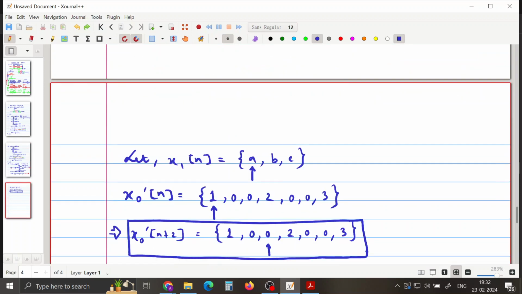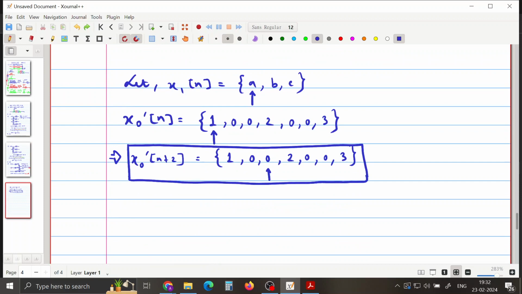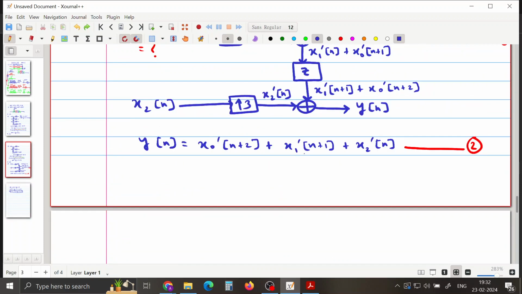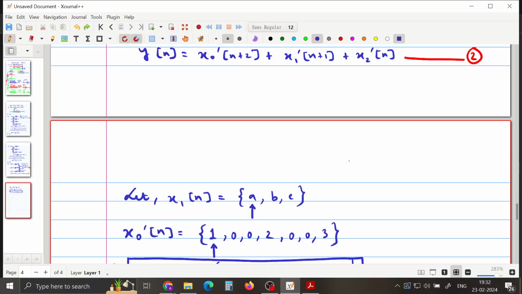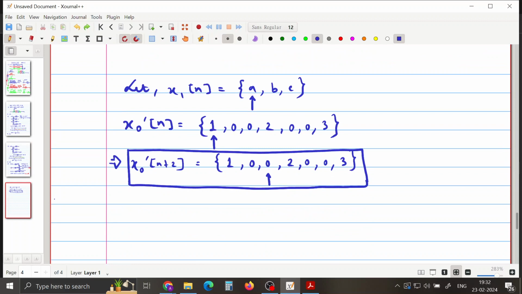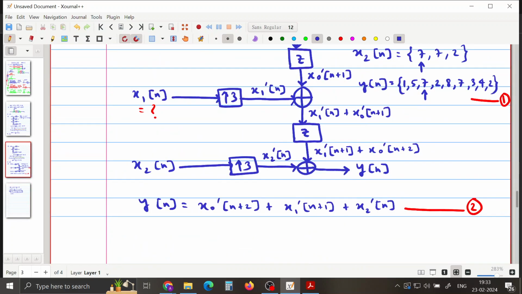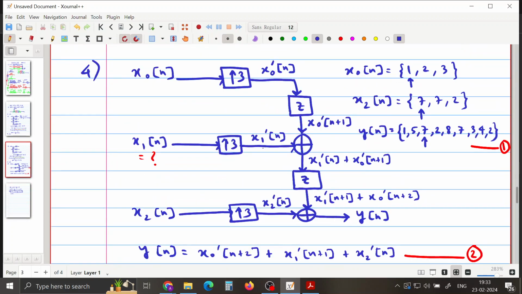Okay, so let's do that. Now we need to find x1 prime of n plus 1 and x2 prime of n. So what is x1 prime of n? See, x1 of n is the unknown one, which we assume to be ABC, and x1 prime of n, if you go back to the diagram, is this guy.